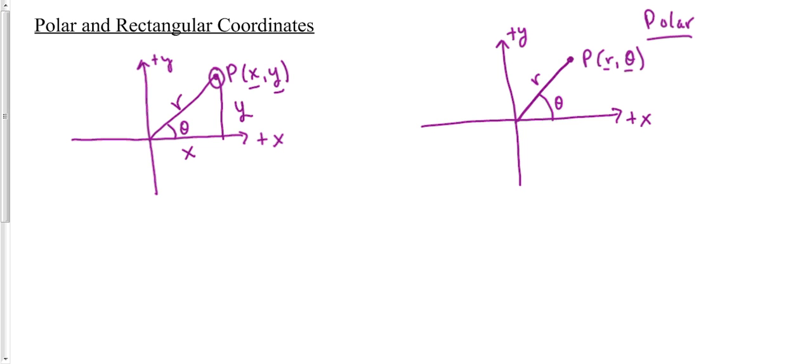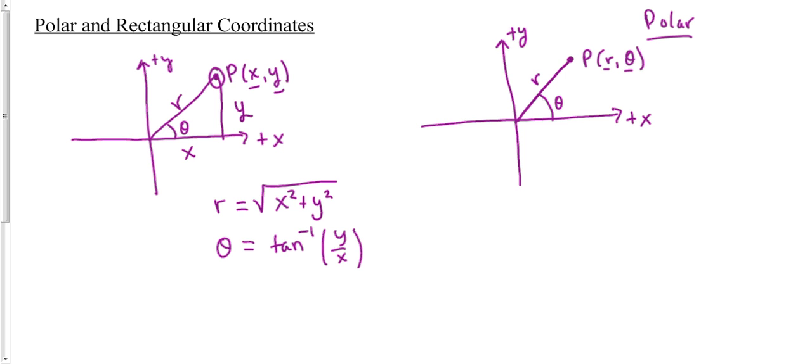And if we apply the Pythagorean theorem, we know that r is going to be equal to the square root of x squared plus y squared. And we can see that theta is going to be equal to the inverse tangent of y over x.